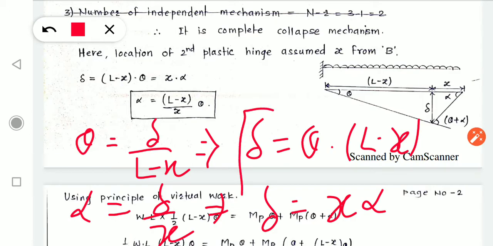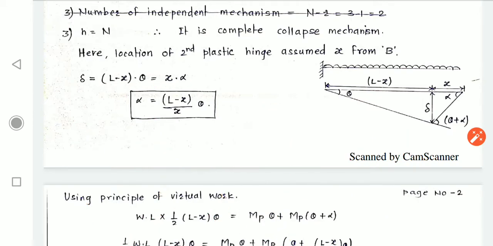Both are values for deflection, therefore I am equating them.